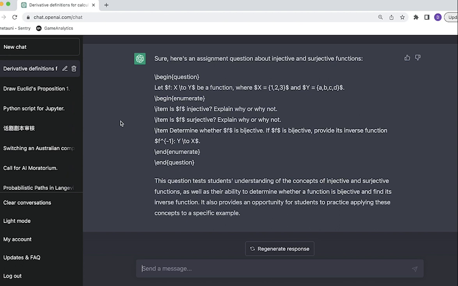What do you think? Is f injective? What's f? Is f injective, Ben? Explain why or why not. Determine whether f is bijective. Okay. What the hell?